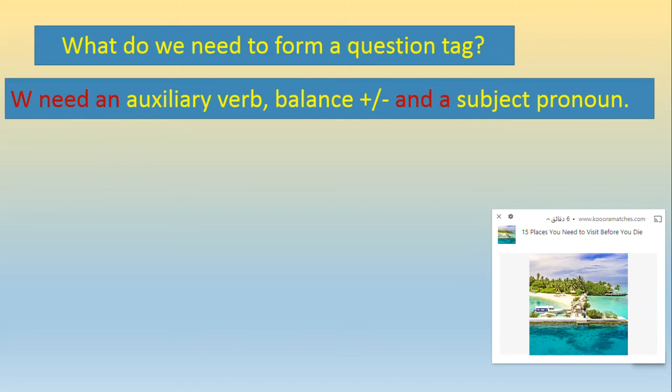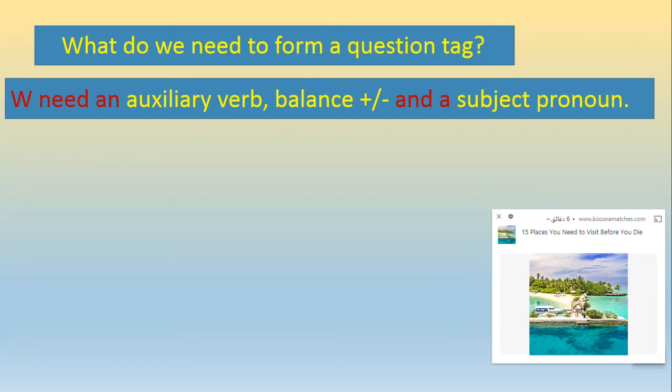When I say auxiliary verb, can you give me some examples? In the first term, you studied that. Yes, tell me. Like the verb to be: is, are, was, were, be.